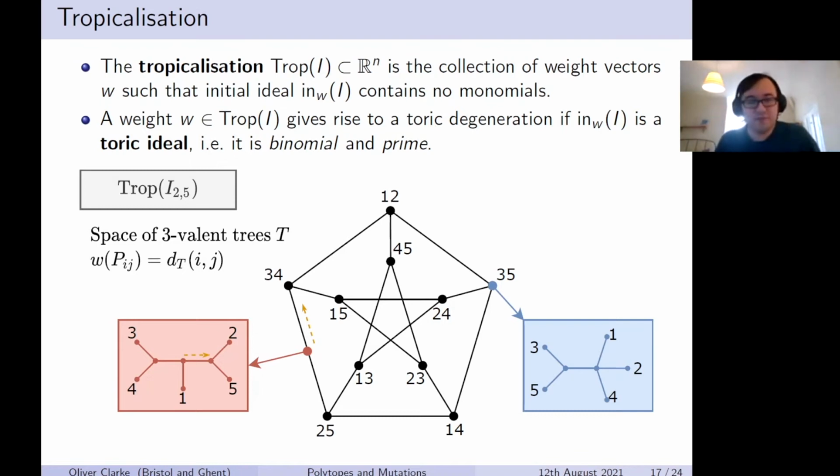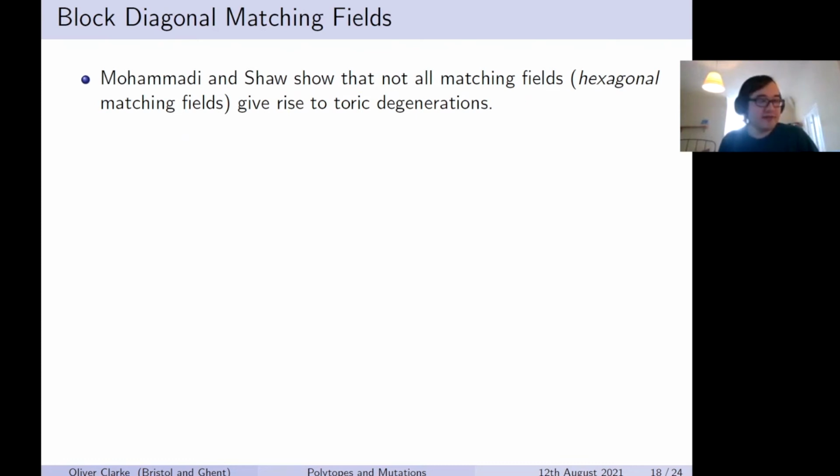So let's suppose that we do have a weight and it gives us a toric degeneration. And in particular, let's say this weight comes from a matching field. How can we determine, actually no, before we do that, let's note one thing about matching fields. Not all matching fields give rise to toric degenerations.